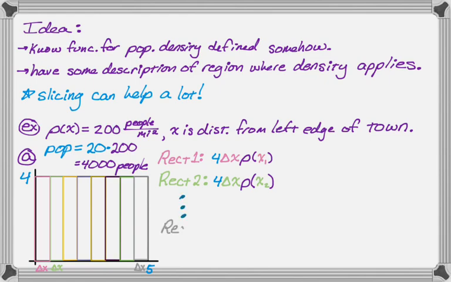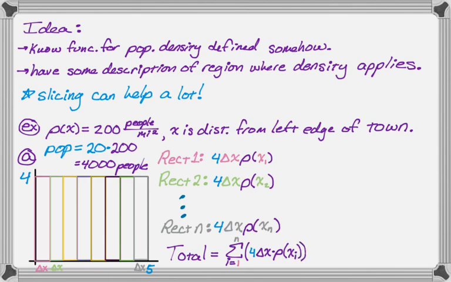So we end up down here at the nth rectangle. That's going to have an area of 4 times delta x, and then I'm going to multiply by the density within there, which is rho of x sub n. This is going to give me the exact value in this case, but not generally. The total population should just be adding all of those up. So i goes from 1 to n of 4, delta x, rho of x sub i.